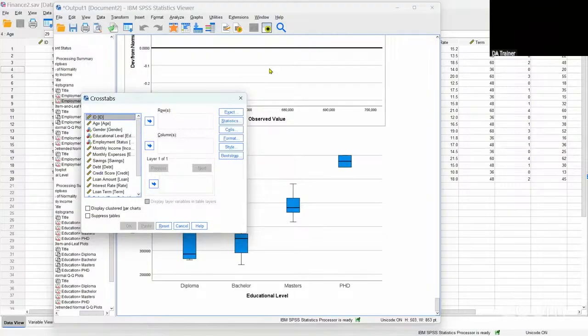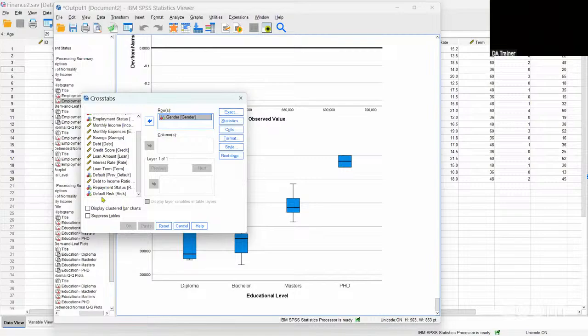Immediately, just take gender to rows, pick your gender and drop it on rows, and then pick your repayment status to columns.